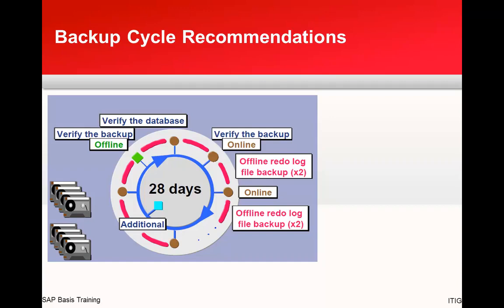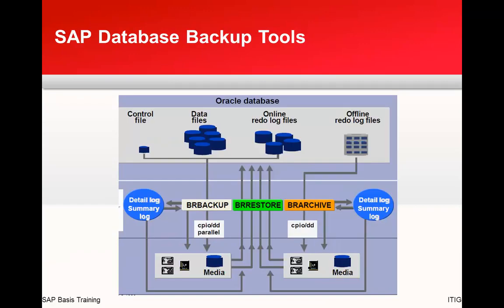Perform a full online backup each workday, and perform a full offline backup at least once in a cycle. Then you must back up the offline redo log files each workday as well, after every online and offline backup. This diagram shows the entire flow. That is the backup cycle recommendation.